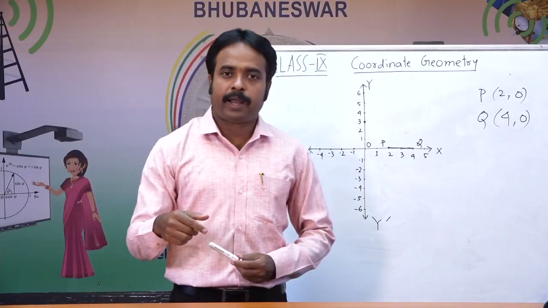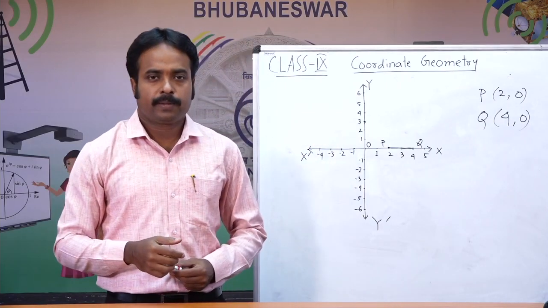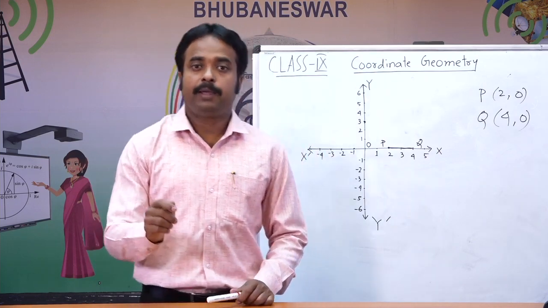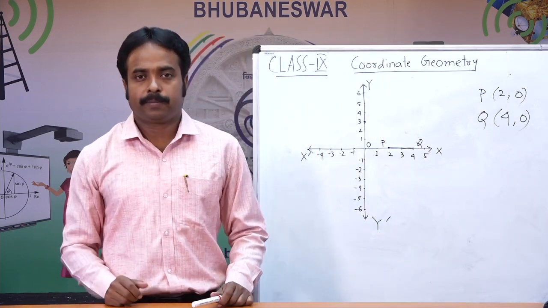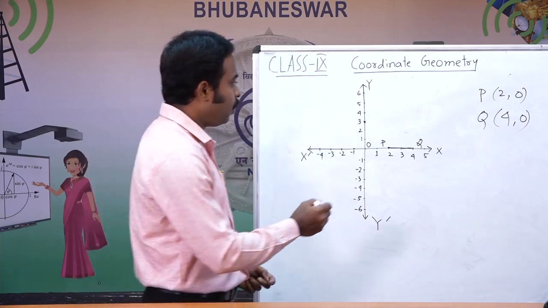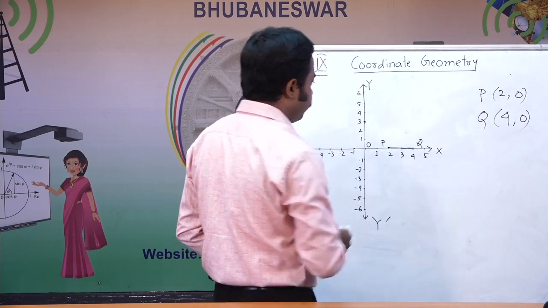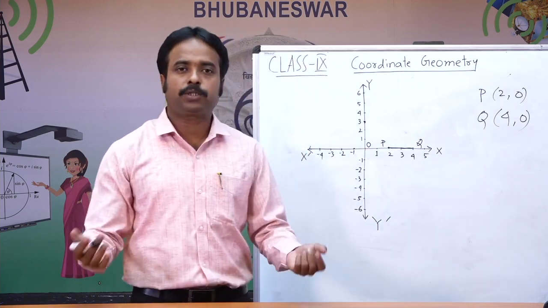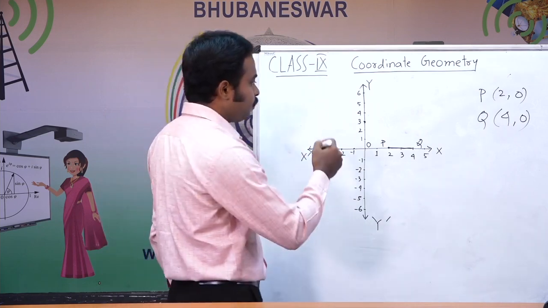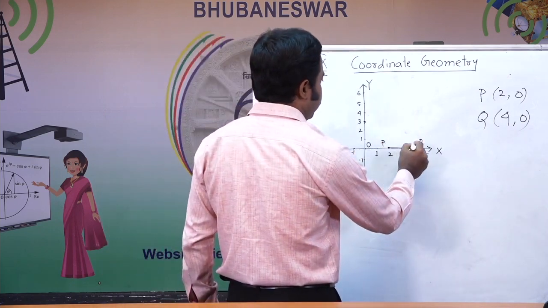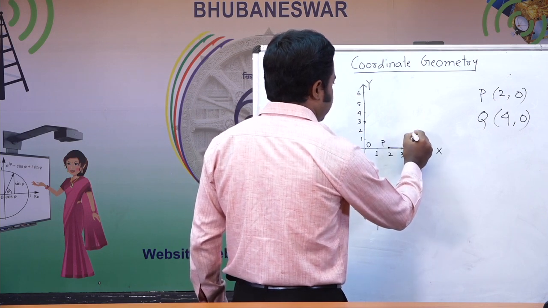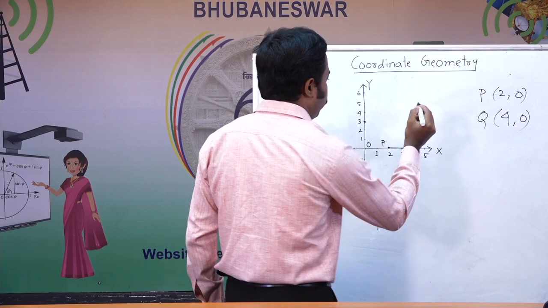Now we have to take another point R. So how can we take R? Will it give a unique point? Try to understand. To form a right triangle from here, we have several options. First option, we may take R as this point.